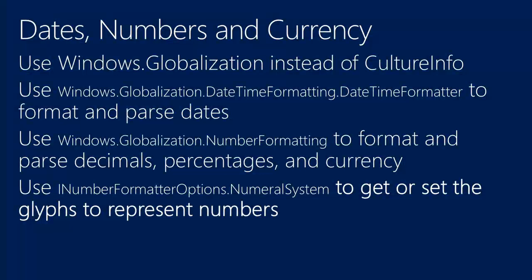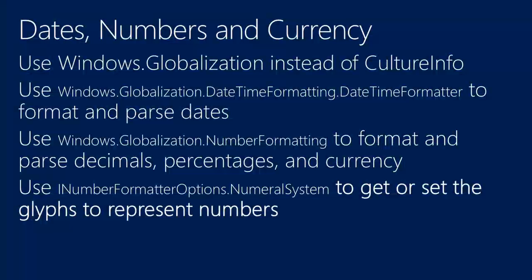To do all of that, you need to use the Windows.globalization.datetimeformatting namespace. It can be used to format according to the current culture, or you can specify the specific culture you need to parse or serialize the strings into.